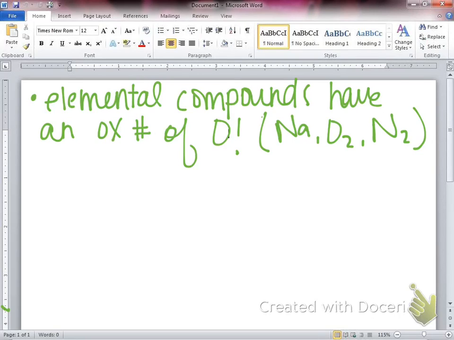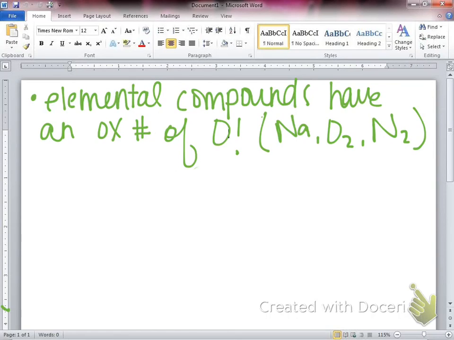Those have an oxidation number of 0. So if I ask you for the oxidation number of sulfur, you're going to tell me 0. Just by itself, an element has an oxidation number of 0. Okay, so that's the easy one.